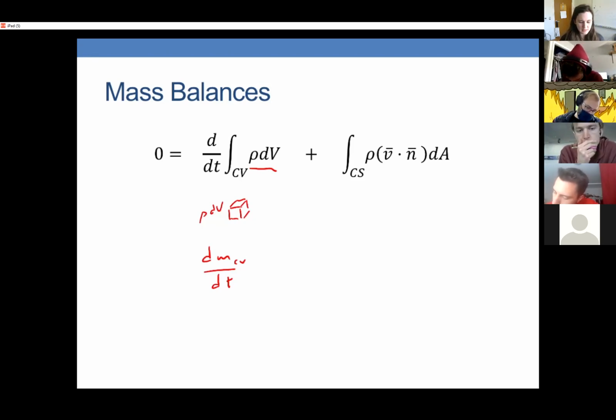And now let's look at this. So V dot n is just going to turn into the velocity. The n, as I said, all that does is it takes the velocity that's either going in or out over the surface. So a velocity times an area, what's that?